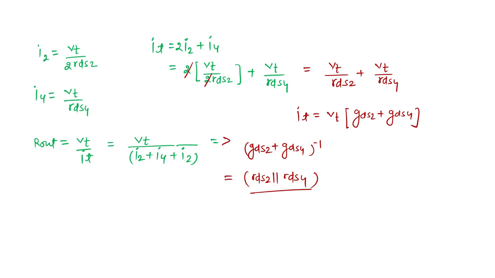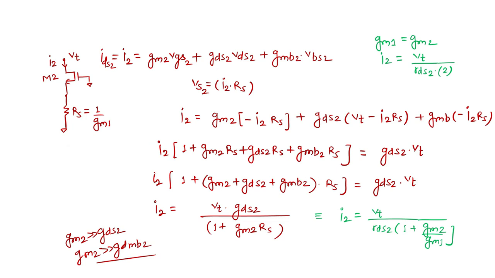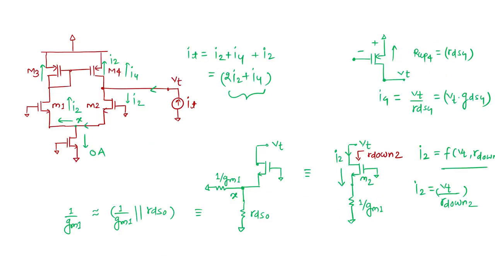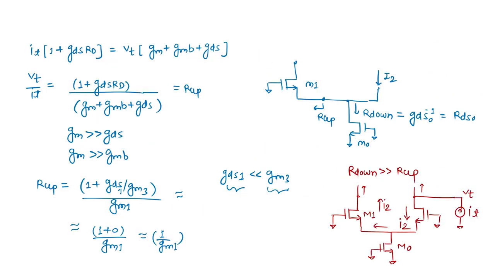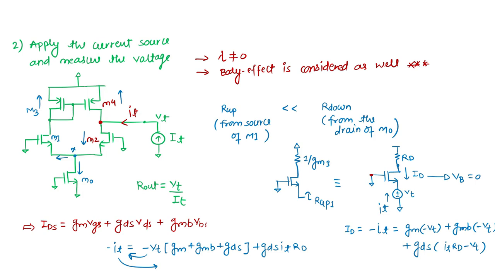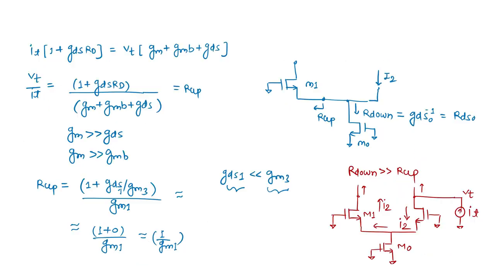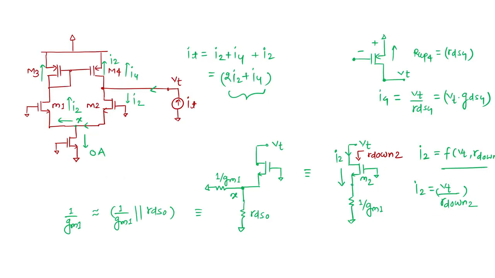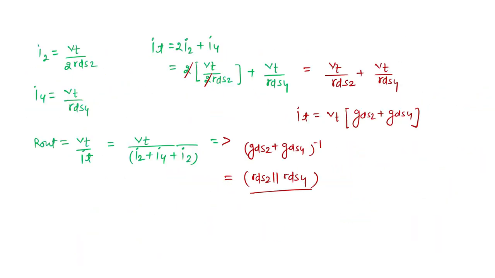Okay, so this is exactly what is happening in terms of currents inside this structure. You can see and analyze it, and after that what we can see from here, the pole is R out times CL. Now we can easily see what the pole is. We have seen the pole frequency was nothing but 1 upon R out times CL. So what is my R out?